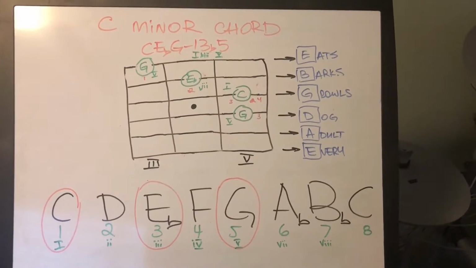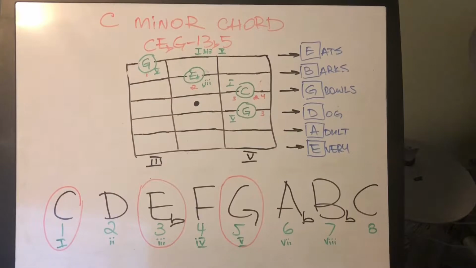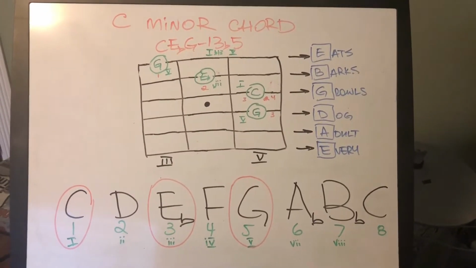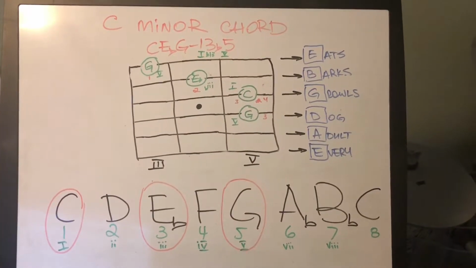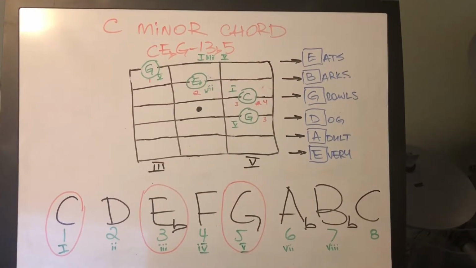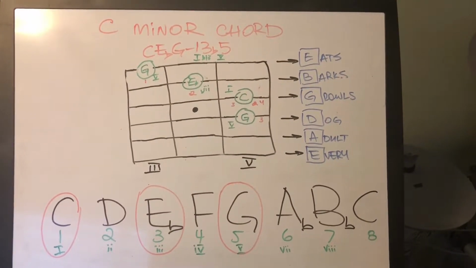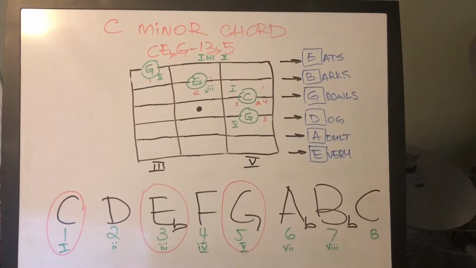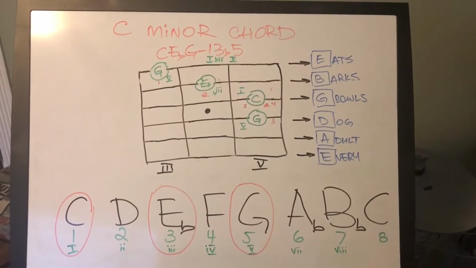First of all, you see the scale, and you see that 3rd degree of the scale, 6th degree, and the 7th degrees are flat, which means that note is half step lower. Okay, so in the minor scale, we have 1, 2, flat 3, 4, 5, flat 6, flat 7, and 8th.